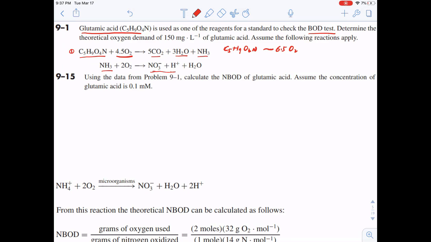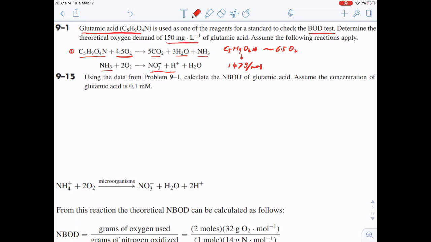Basically this is how we can determine the theoretical oxygen demand, based just on the stoichiometry. Further, we can look at the molecular weight of glutamic acid, and it turns out to be 147 grams per mole.